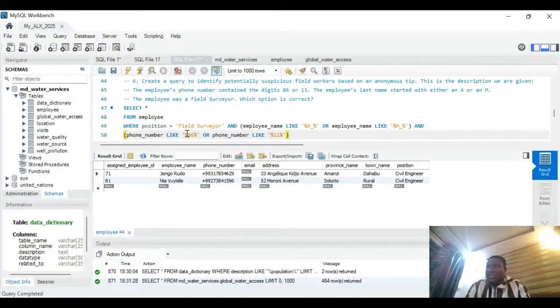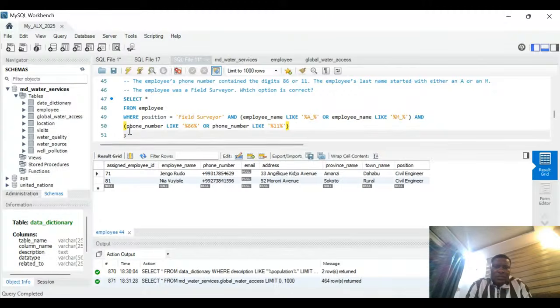One of them has to be satisfied. So that is also an OR statement. But the three put together are conditions that are necessary to be able to identify these suspicious characters. That is why I have put the AND operator over there in my query. So let's go and execute this and see what it gives us.